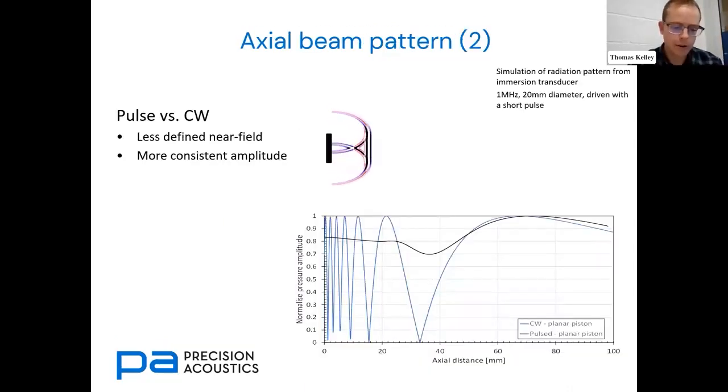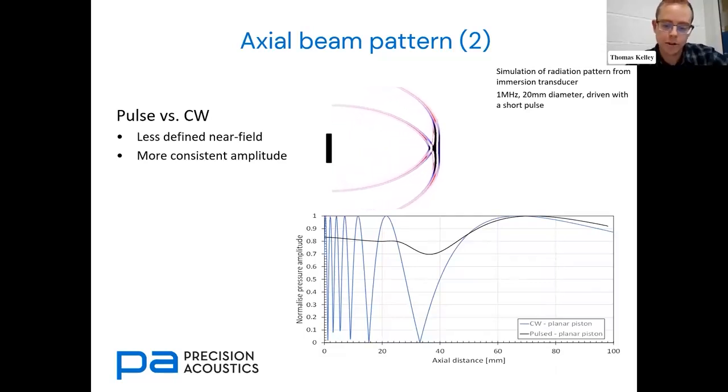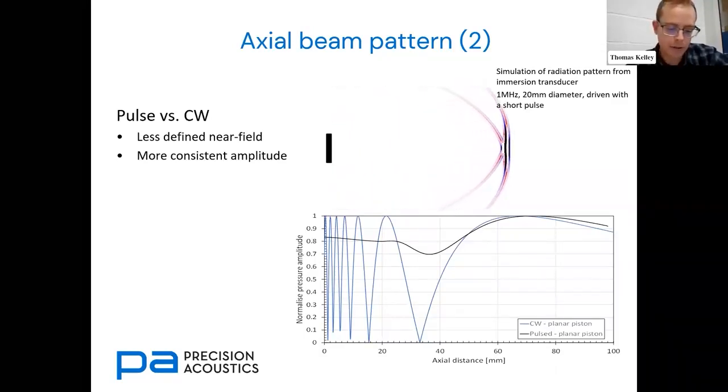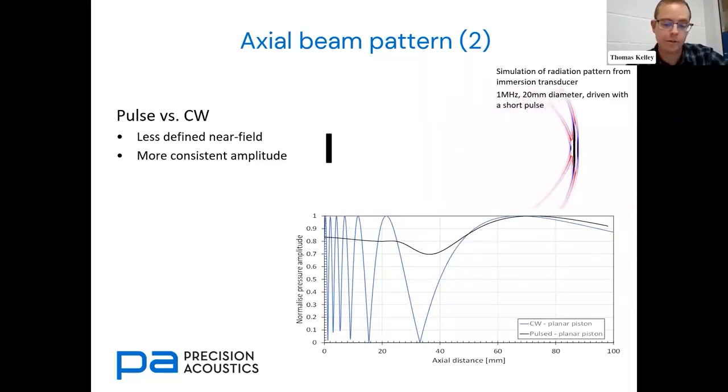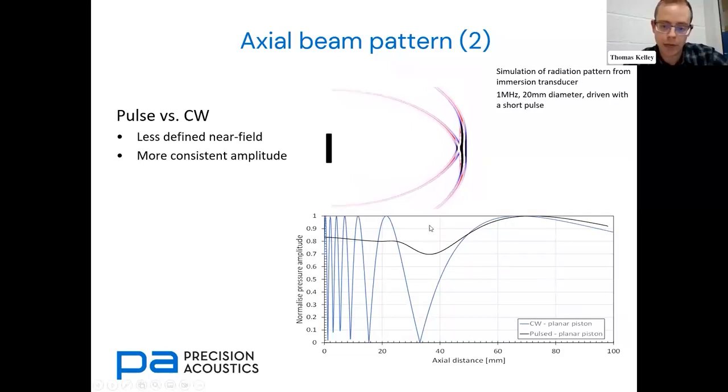So if we now look at a simulation of a similar planar transducer, but driven with a single cycle of a sine wave, you can see how the on-axis amplitude compares with the previous continuous wave example. Note how the on-axis maxima and minima are very much reduced, almost completely.